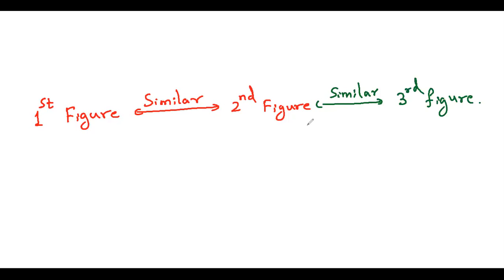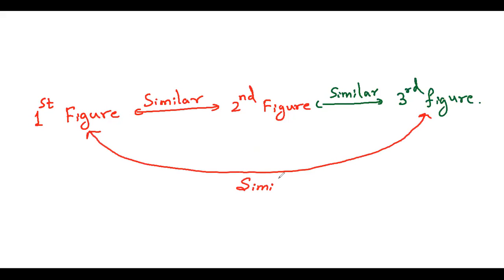First figure, I am giving you this fact. This is the information that I am giving you, so you can write this under the given part of a mathematics problem. Yes, first figure is similar to second figure is similar to third figure. So what is our obvious conclusion? The first figure will be similar to the third figure. That is our conclusion.